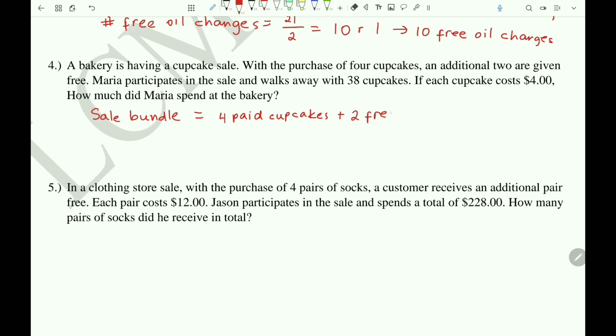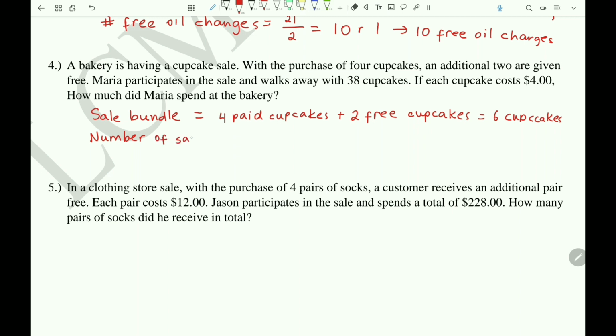So plus 2 free cupcakes, which is equal to 6 cupcakes altogether. So the 4 paid plus the 2 free. Now let's find out how many sale bundles Maria would have received.